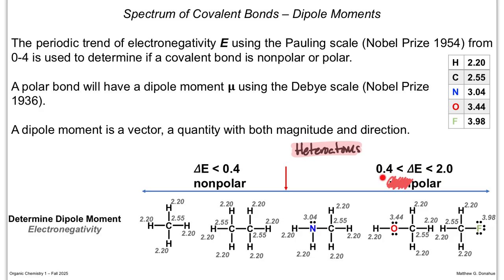When you're in this range here, 0.4 to 2, that's polar. Anything beyond that is going to be an ionic bond. That's when you have the stuff on the far right and far left of the periodic table coming together as a cation and an anion. The things we're talking about now are covalent bonds. Are they nonpolar or polar?